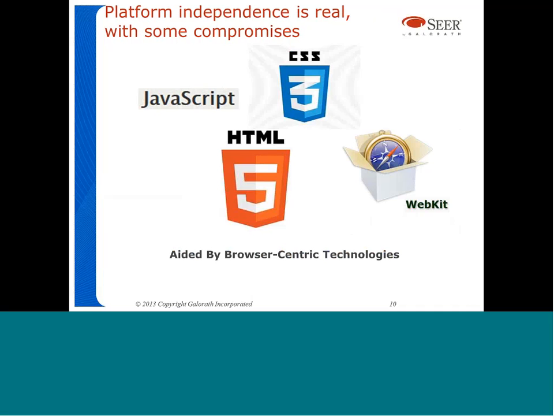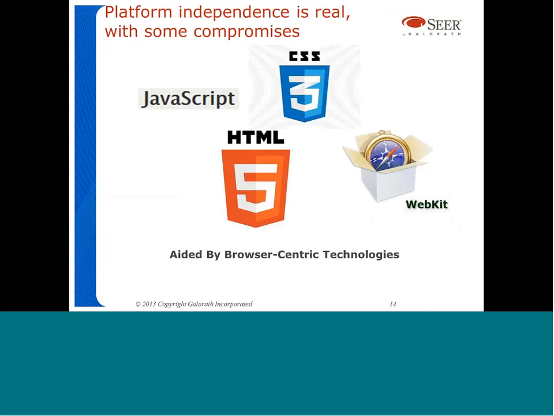I mentioned that these cross-platform approaches are being aided by a certain set of technologies, and the leading technologies I put up here. I think most of you are familiar with nearly all of these, and the reality is quite fantastic. You'll use CSS3 and HTML5 for your layout, and then your logic will be enabled using JavaScript.